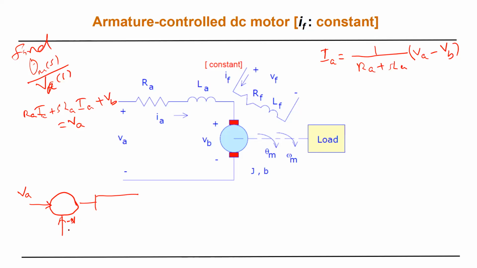This is the minus sign and VB in here. What is VB? We'll come to it. And in here, I will have 1 over RA plus S LA. So this is IA. Any problem here?